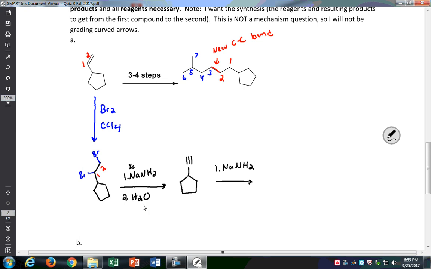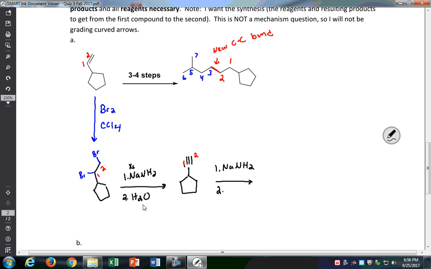Okay, so my leaving group has to be on which carbon? 3. That's where my new carbon-carbon bond is. My carbon nucleophile, my lone pair, is going to be on carbon 2, and it's going to attack the carbon that has my leaving group. So my leaving group has to be on the carbon where my new bond formed. And my leaving group can be chlorine, bromine, or iodine. It's up to you.